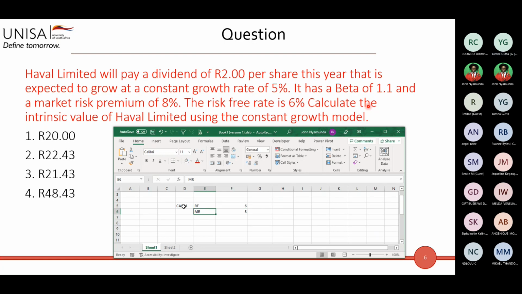So we only need to put the beta here. Our beta is 1.1.